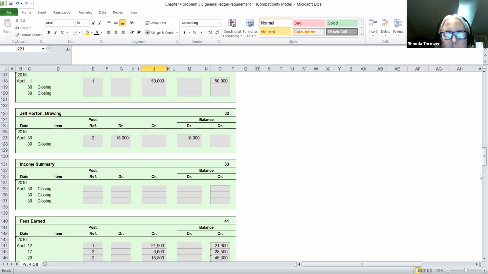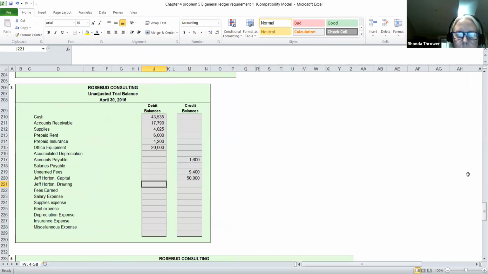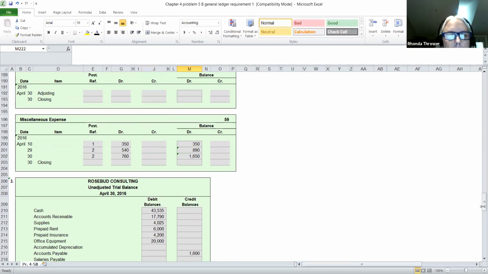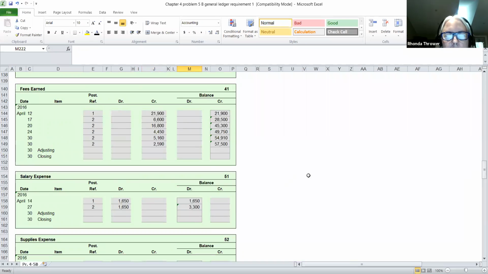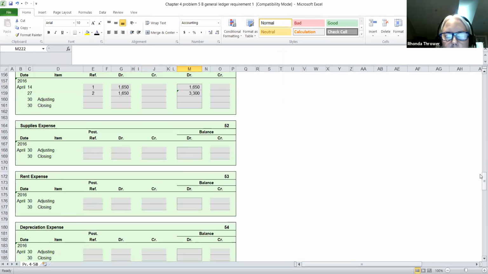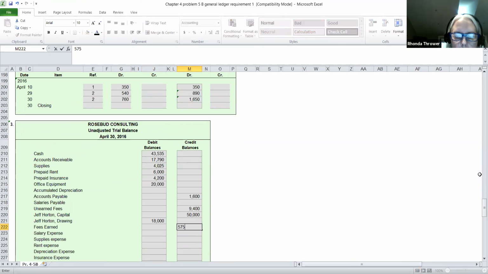The balance is $18,000. Then we're going to go back to the credit side because we're going to look for fees earned, and we have a balance of $57,500 as a credit balance in fees earned.